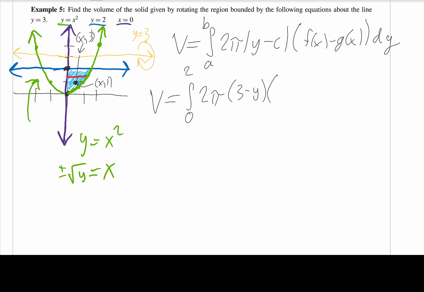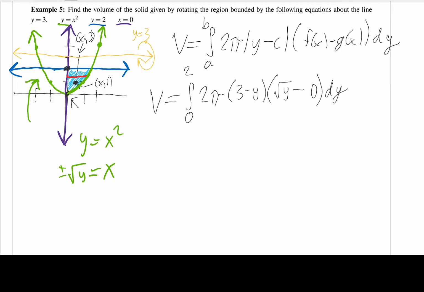The positive square root y gives me the right half of the parabola. Okay. So then this is f of x, which we now have written as square root y, minus g of x, which is given by this purple line, and that's going to be x equals 0. So, 0, dy.